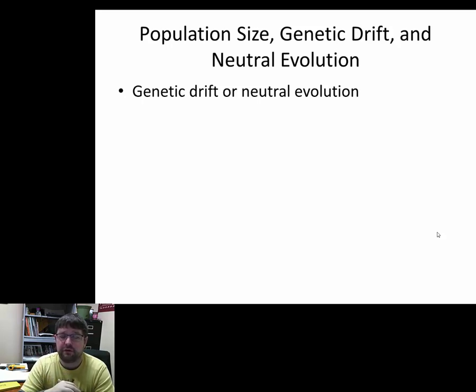In this case, if you have small populations, you get something called genetic drift, or what sometimes is called neutral evolution, meaning that it's not really predictable, and it can swing. The pendulum can swing in one direction very quickly, and in some cases, if the population's small enough, it can swing completely over and eliminate alleles.